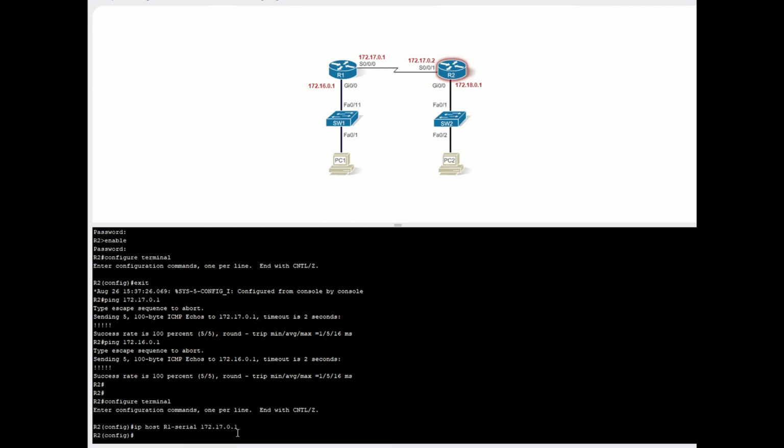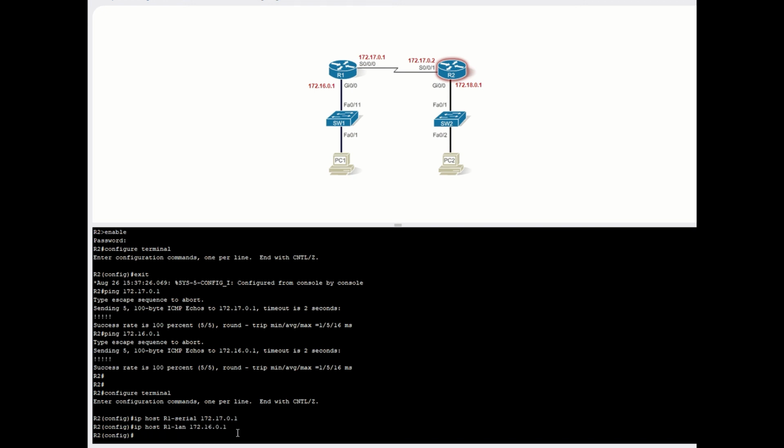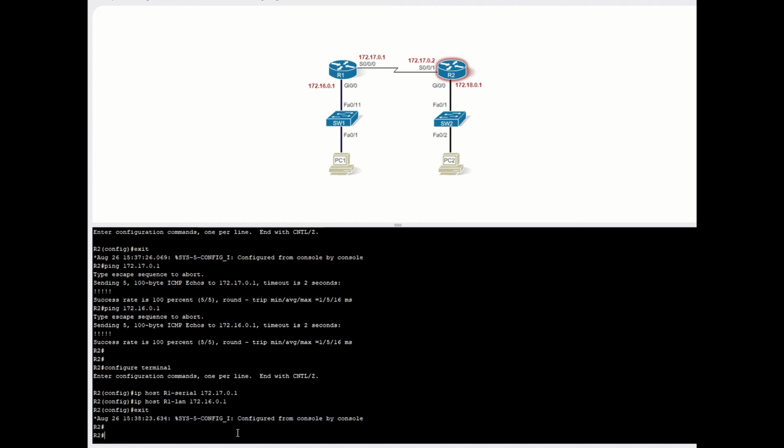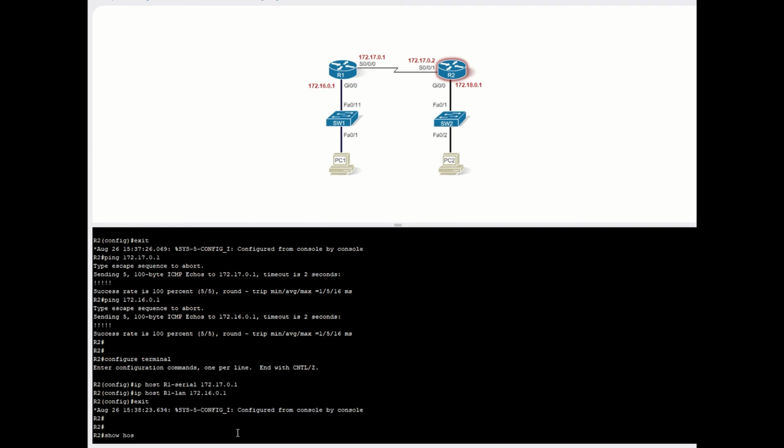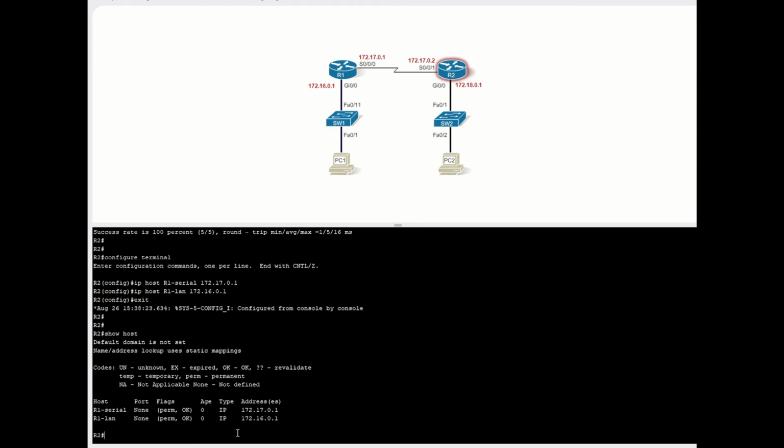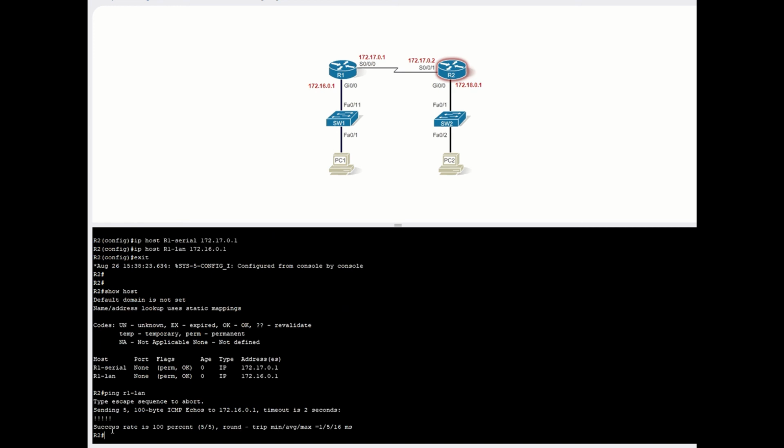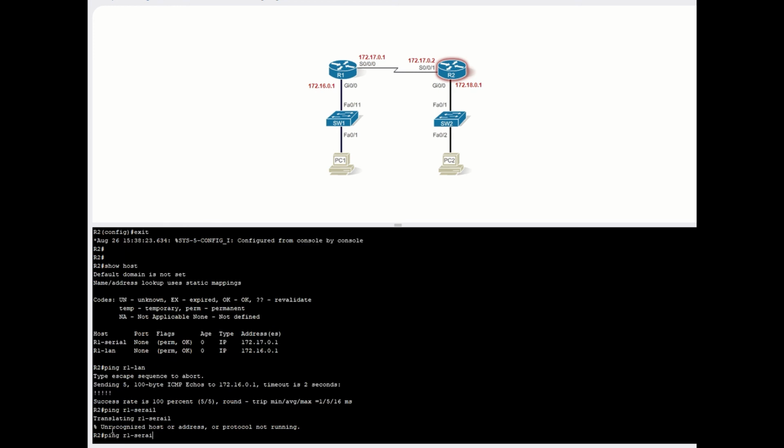Same thing on the other one, IP host R1 LAN, 172.16.0.1. So that's it. So I'm going to show host. It should be recorded to our router now. Yeah, so ping r1-serial. Oh, wrong spelling.